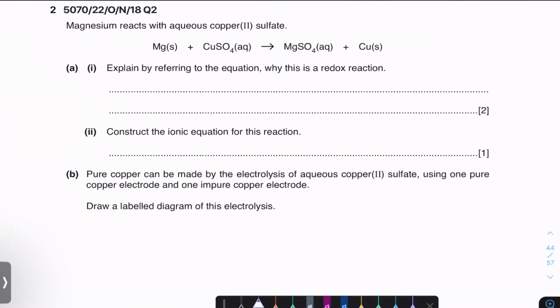Magnesium reacts with aqueous copper sulfate. Why is this a redox reaction? Again, magnesium loses 2 electrons and copper ion gains 2 electrons.